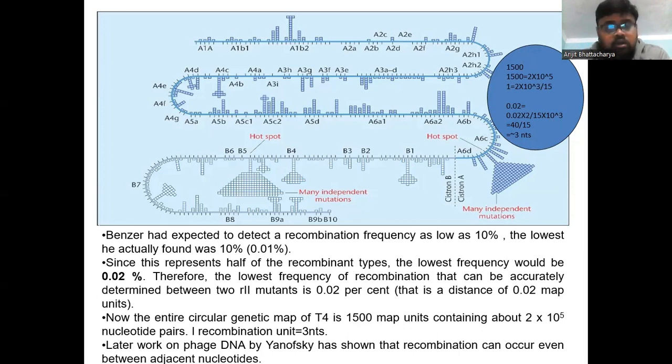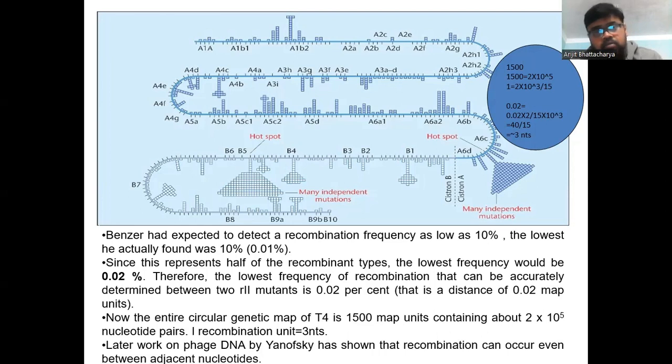Later on, further experiments by Janowski and others showed that recombination can occur in between any DNA. So actually, recombination can occur within a distance of 1 nucleotide too. That was determined later on.